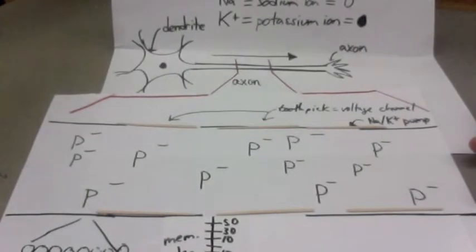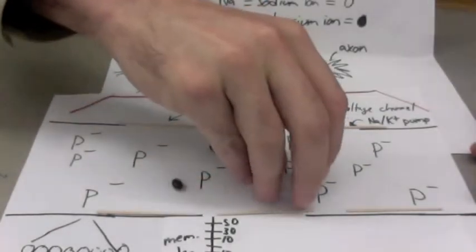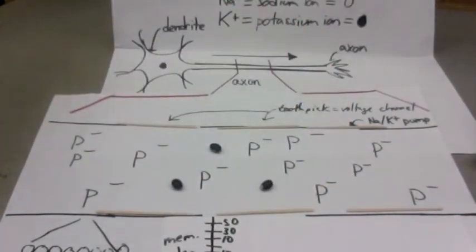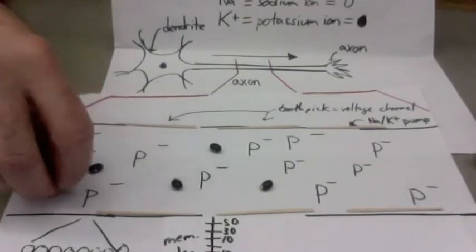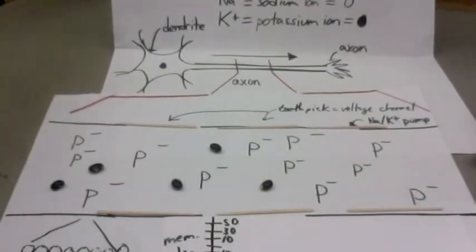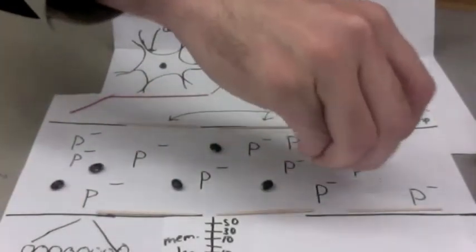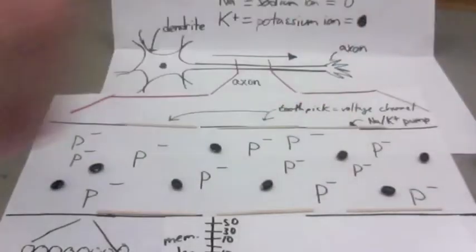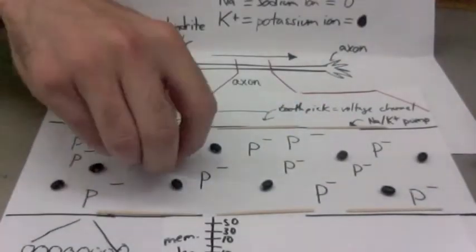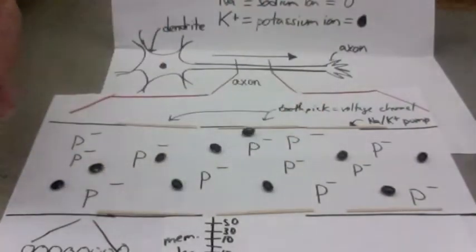However, there are positively charged potassium ions inside of the neuron at rest, and they will play a large role in helping the neuron recover from its stimulated state and to be able to generate a new action potential.